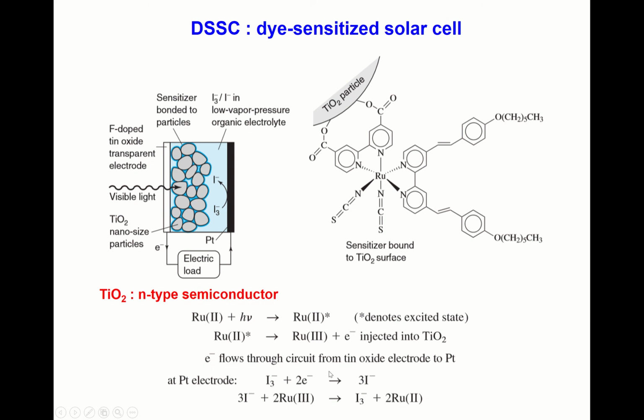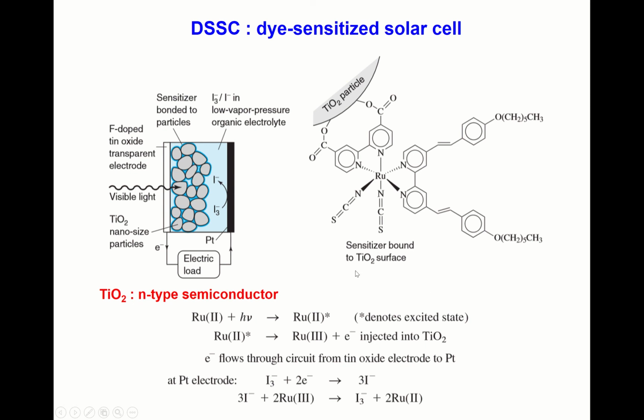Okay, so everything goes back to its original state. Okay, this way, solar light is converted to electricity. Yeah, this looks quite noble, right? And that's why many people have studied, and they are still studying, this dye-sensitized solar cell.